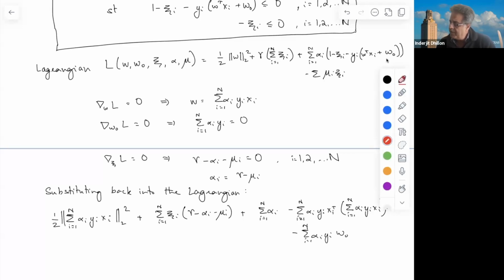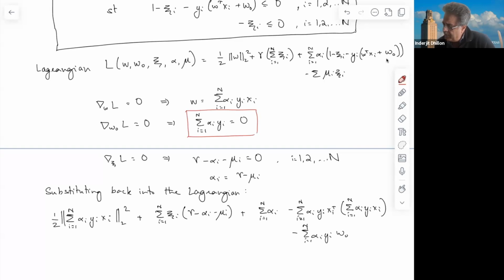Now remember, I had this balancing constraint just as before. Because W naught is common, this is going to be equal to 0, right? Summation of alpha I, yi equal to 0.